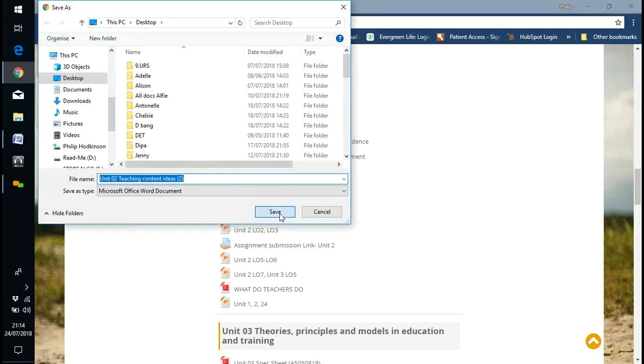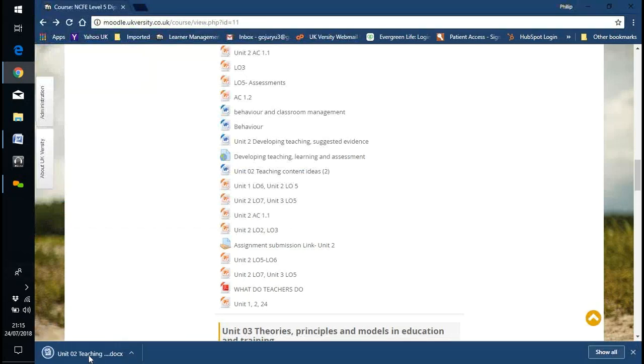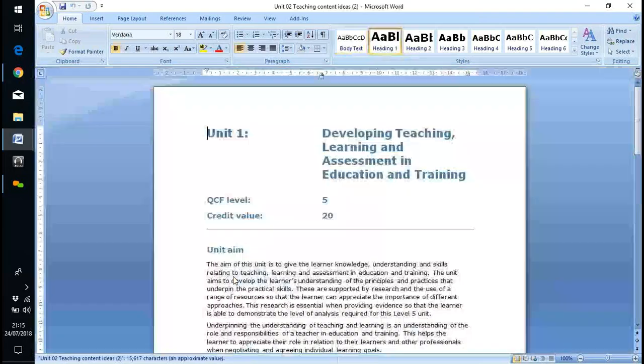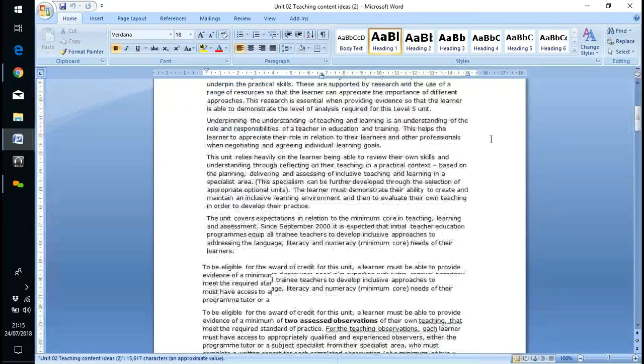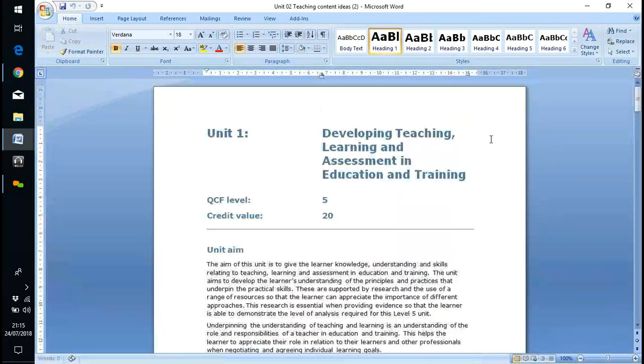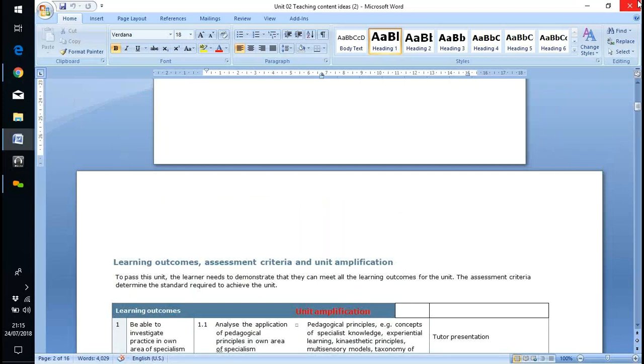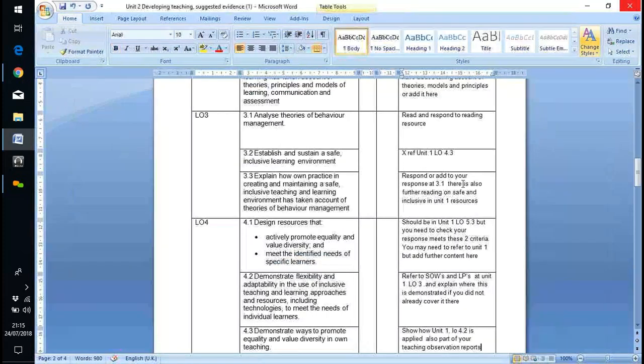This is the right one. This is Unit 1 though. It should be Unit 2. It's got misplaced.